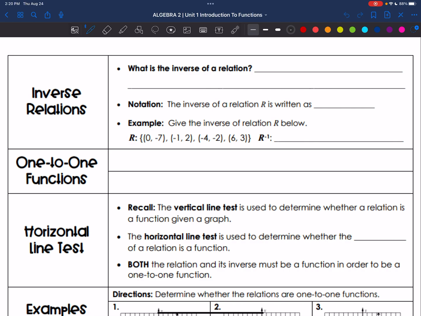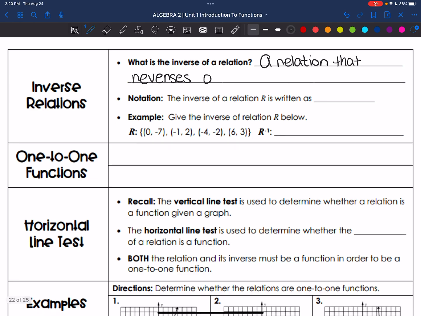The inverse of a relation is simply a relation that reverses another relation. The way that we denote that, the way that we write the inverse of a relation, if the relation was R, would be to take R and then write a -1 as a superscript there.